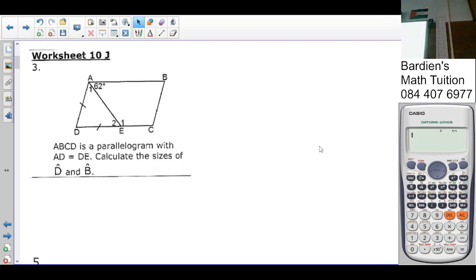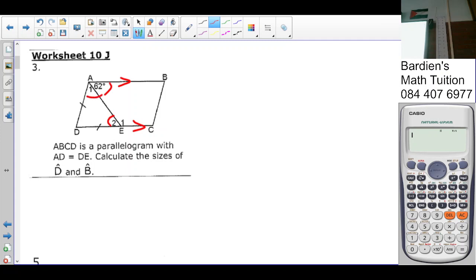Number 3. In number 3 we are told that ABCD is a parallelogram with AD equals DE. Calculate the size of angle D and angle B. As you can see here, we know those lines are parallel, so those angles are equal.